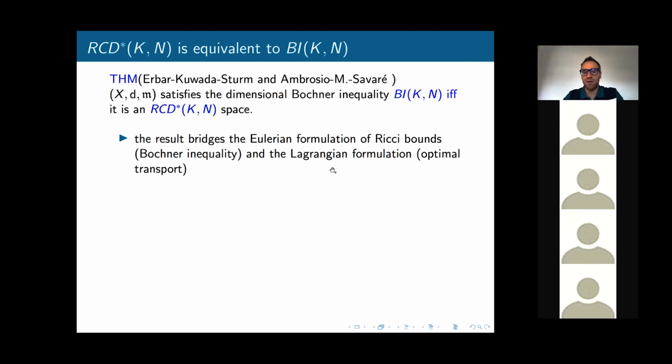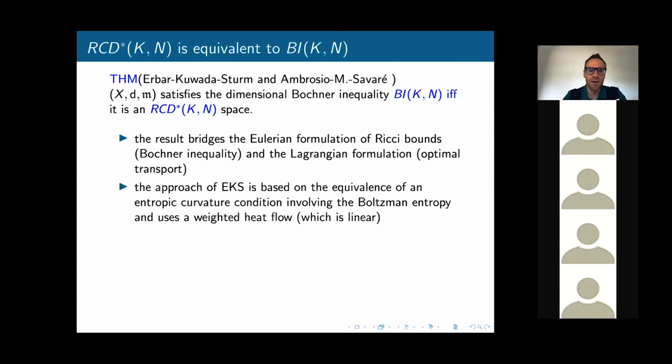The RCD corresponds to the Lagrangian because you are taking the convexity along geodesics, so you are really following in time what happens. While the Bochner inequality is taking a picture of your space, and your camera is given by these test functions, which are testing the Ricci curvature at different points.